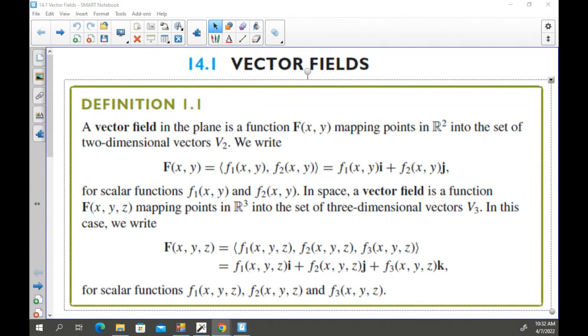Okay, so we'll come back. Now we have this section, 14.1. We're basically left with three sections, 14.1, 14.2, and 14.5. So today I'll take a look at this 14.1.